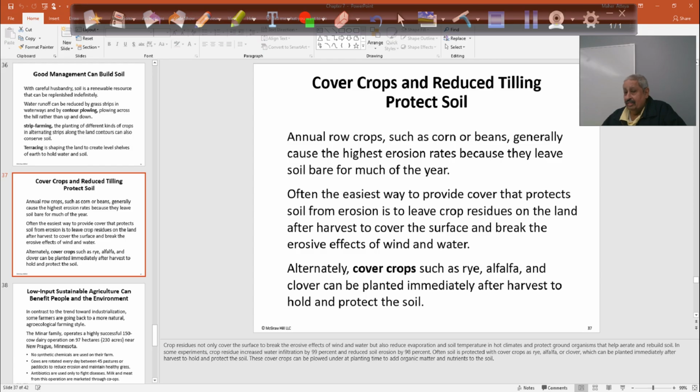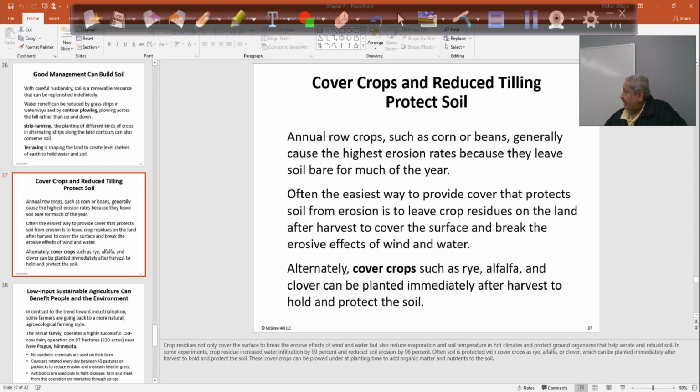But if you have large land and you want to crop it and save it from erosion, then you have to plant some type of crop that you don't really want per se, but you want to protect the soil, so the soil will not be kept blank or bare, just exposed to the air, the wind and the rain.